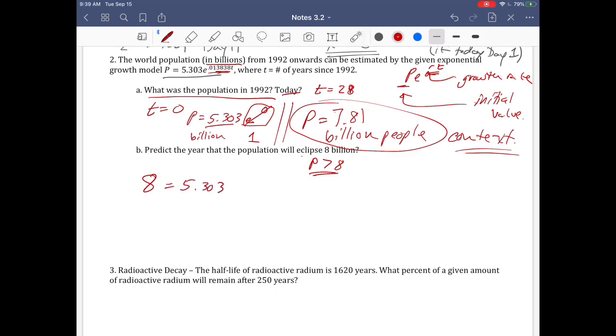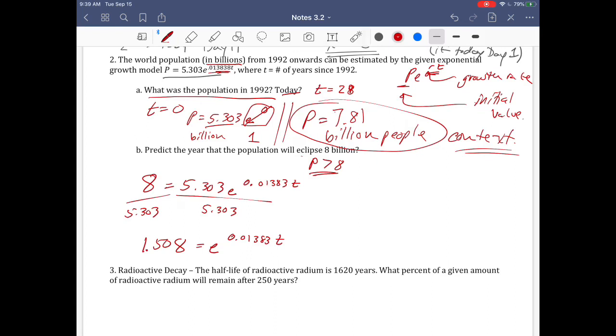So 5.303 e to the 0.01383 t, and now we have to solve for t. So let's use our skills in exponential equations. First, we're going to get it so that it's only an exponent. So let's divide both sides by 5.303. And so what you get is 1.508 equals e to the 0.01383 t.